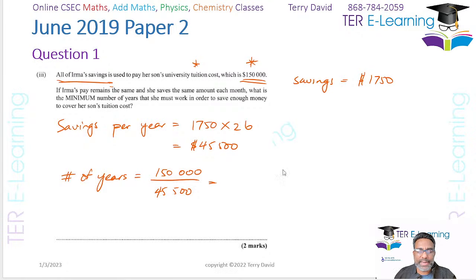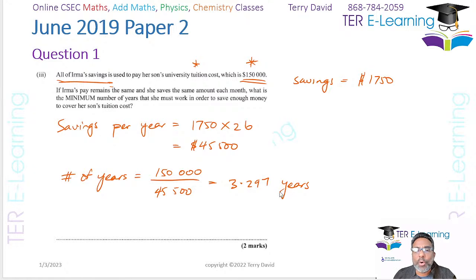Right? And you're going to get about 3.297 years.